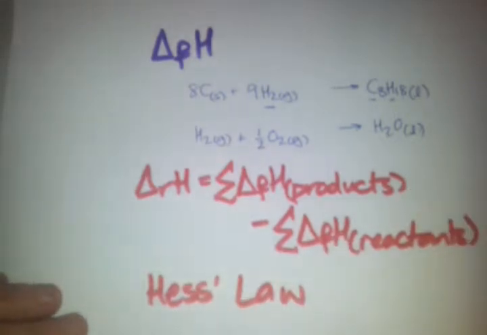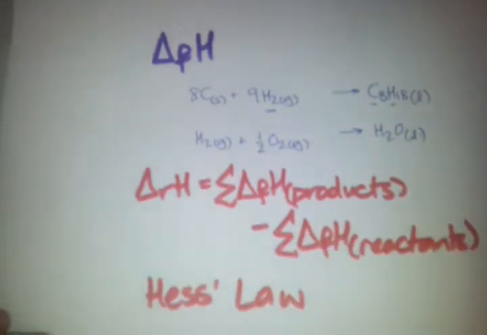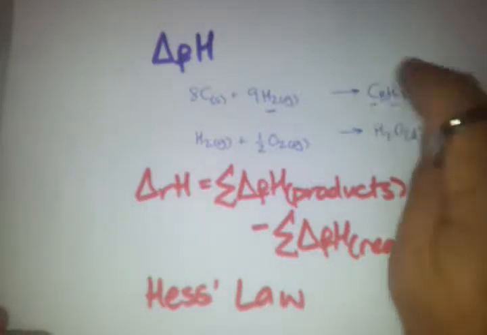Okay, so the first one we're going to do is look at using the first way, and see if we get the same answer when we do it the second way, for the complete combustion of octane, which is the one we've got here. Sorry, not octanol, octane. So octane, complete combustion.